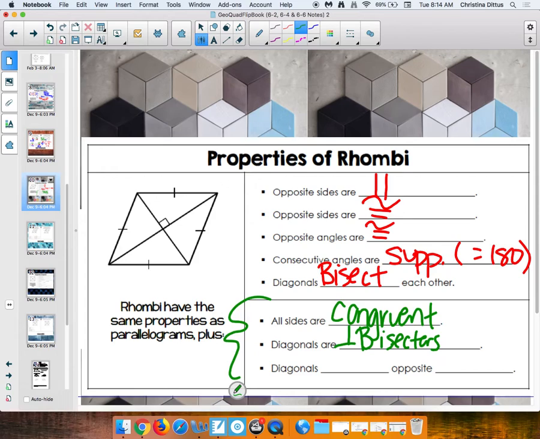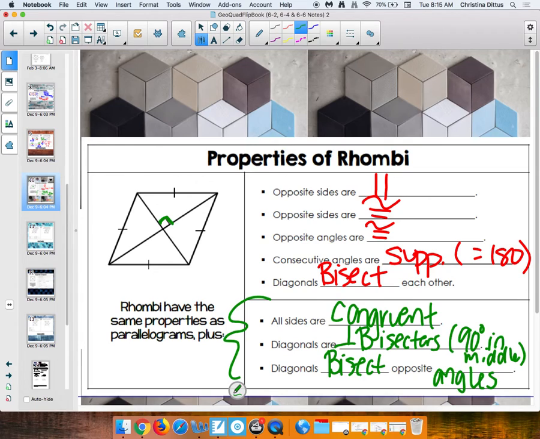All that means is that we bisect like we're used to, but that we make 90 degrees in the middle of our shape. So I'm just going to write this means 90 degrees in the middle. Does that make sense if I write it like that? Okay, and then the only other thing is that our diagonals bisect opposite angles.